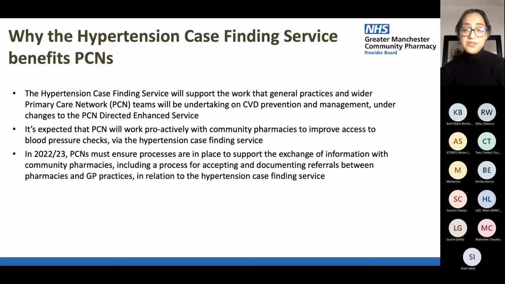In 22-23, PCNs must ensure processes are in place to support the exchange of information with community pharmacies, including a process for accepting and documenting referrals between pharmacies and general practice. So in that context, the CPPB working group have been working together with the GM ICS to set up a system which will allow you to work in an integrated way with general practice that Lou will cover a bit later. Next slide.